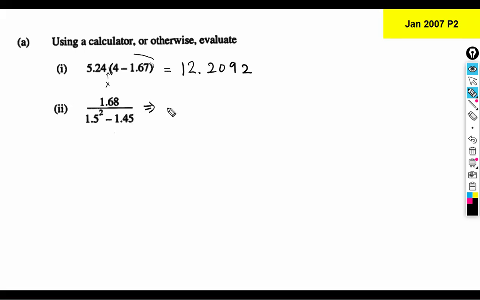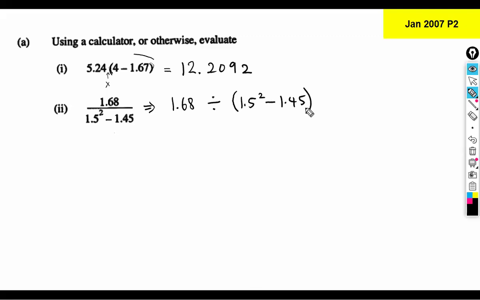This is how you had to type it in on the calculator. 1.68 divided. Now, if you want to take the top and divide it by the whole underneath, your calculator will not understand unless you put the whole underneath in brackets.